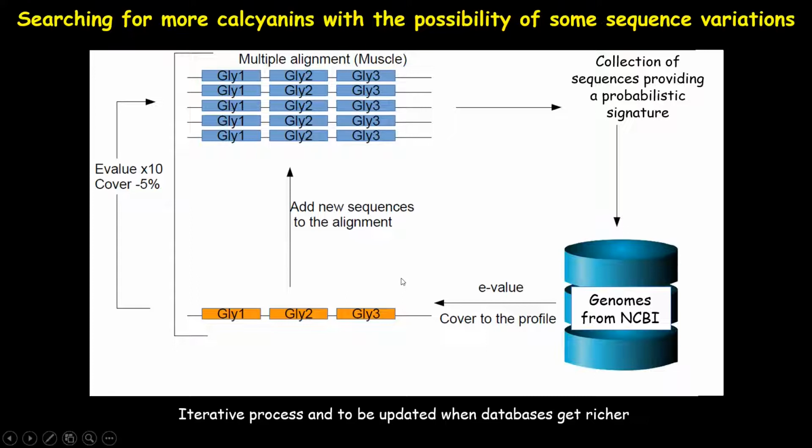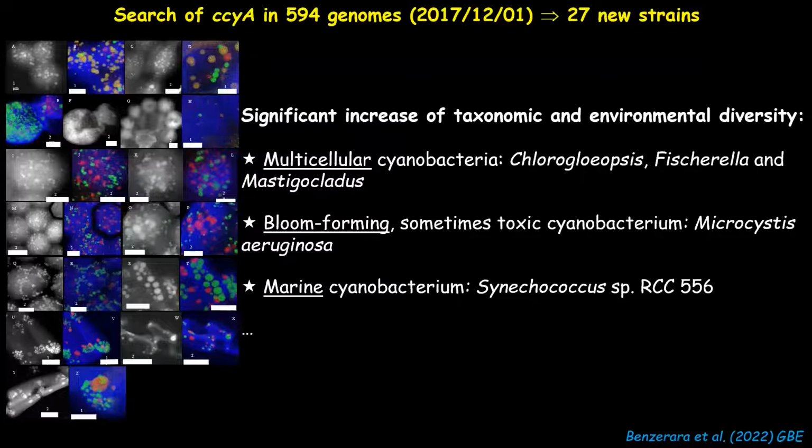And of course, we have to do that from time to time, since the genomes from NCBI grow larger every week. So one of the first times we did that was in December 2017.